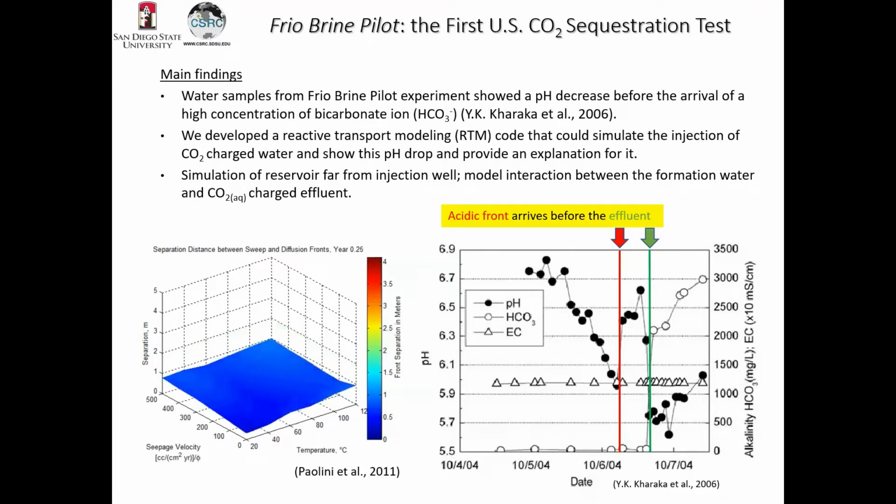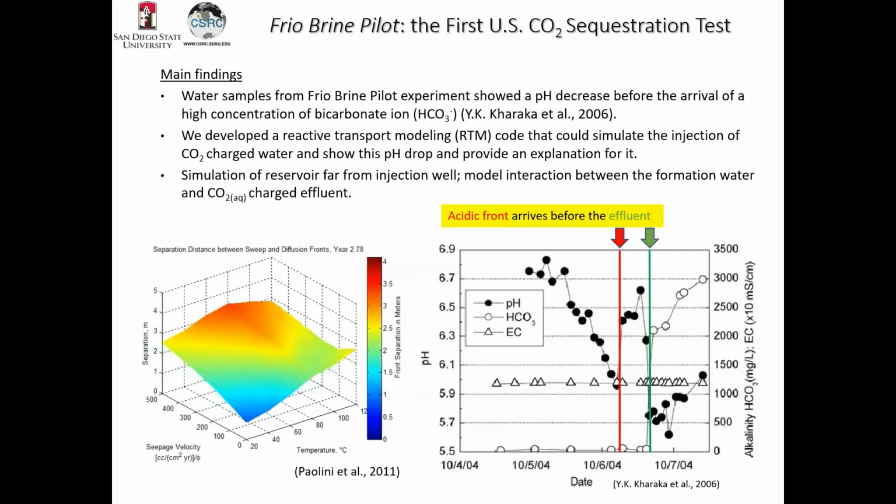Then a little bit of time later, and there is a gap right here, we see, if we look at bicarbonate concentration, and bicarbonate is produced when you have a deprotonation of carbonic acid. So the CO2 hits the formation water and forms carbonic acid in solution, that's H2CO3. Then it deprotonates and you get HCO3.